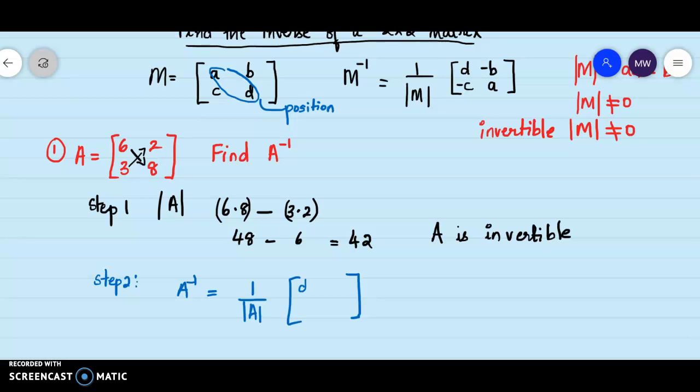The D will go up and the A will come down here, and C and B will change sign only. They will not switch their positions, they will only change their signs.